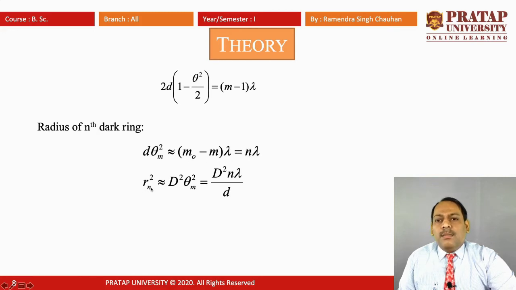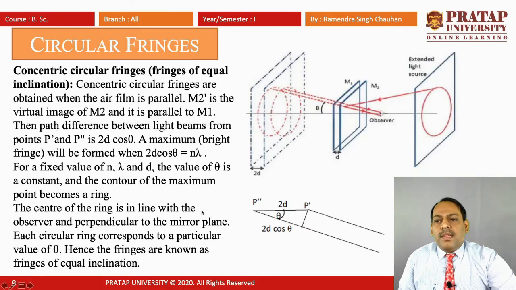So from here we can see that Rn square is proportional to d square theta n square, which is d square n lambda by d. This can be determined.